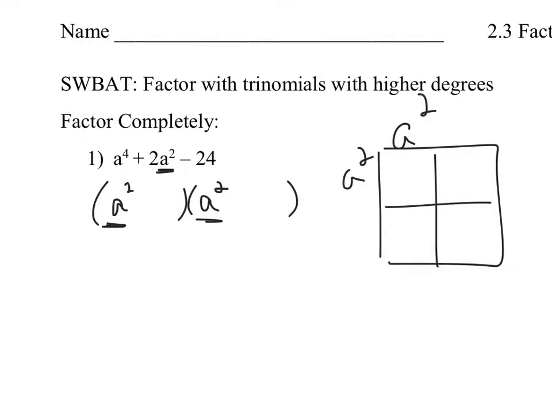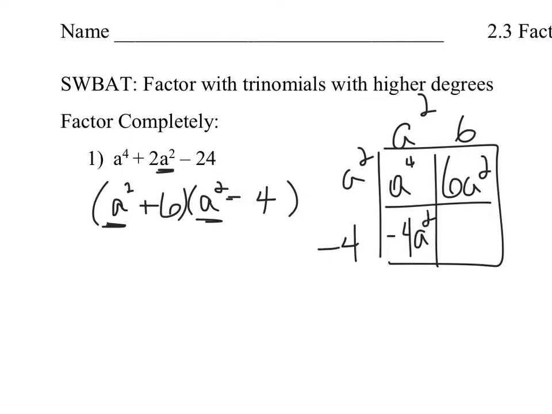So this would be 6 and 4, positive, negative. When we do the check, this is a to the 4th. When we multiply, this is 6a squared, and then this one is negative 4a squared, and these two together is negative 24. When you add these together, you're going to get that middle term.